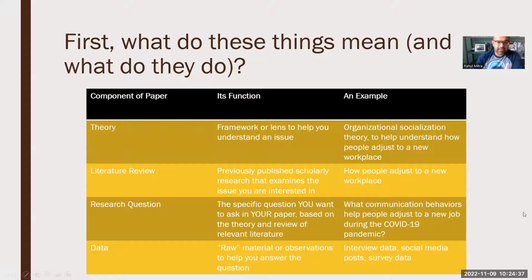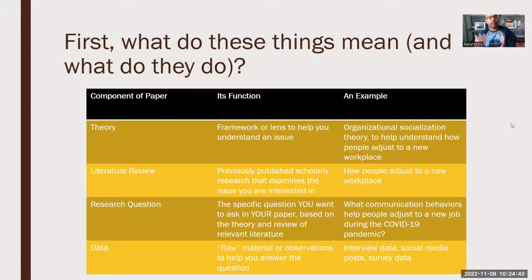So first of all, it's usually helpful to figure out what the different sections, the components of the paper really mean and their functions. In this table, I've tried to represent the functions and an example from a research paper about the theory section, the literature review section, the research question, and the data.